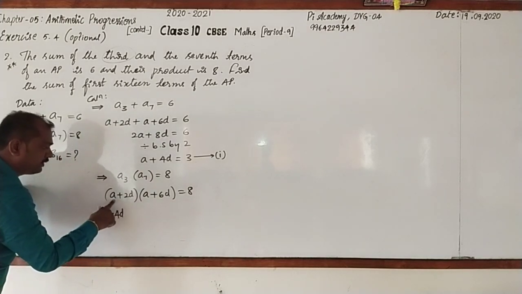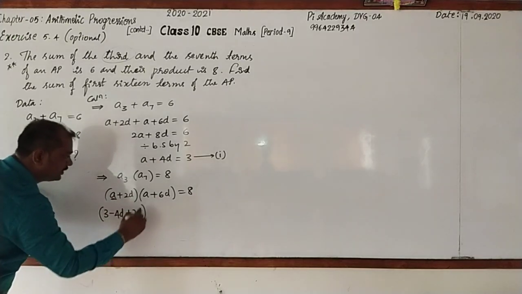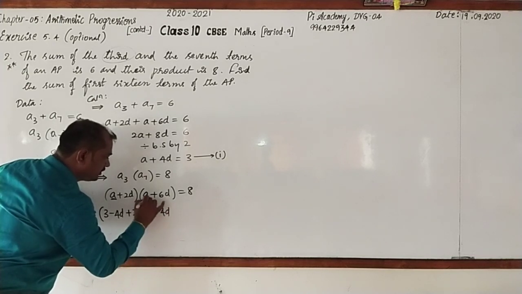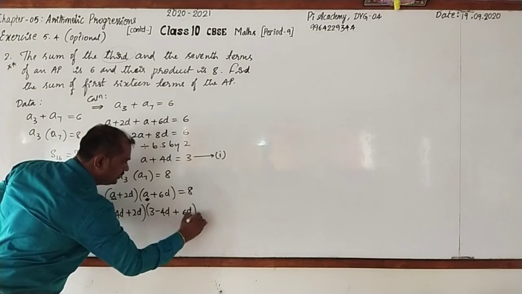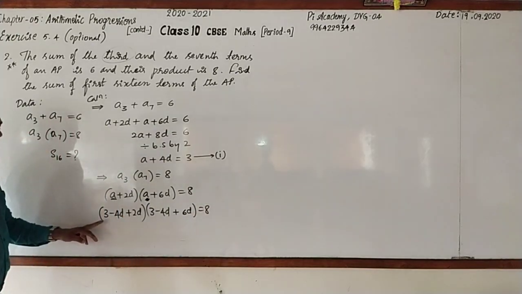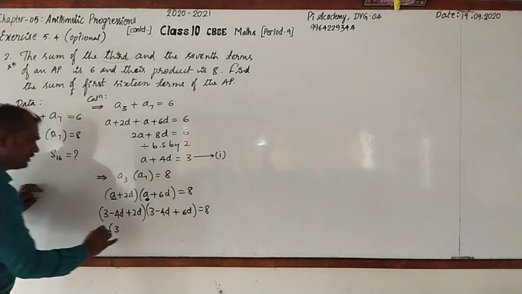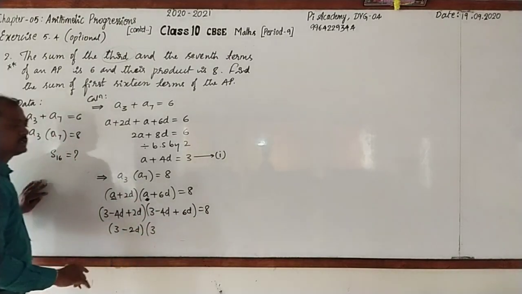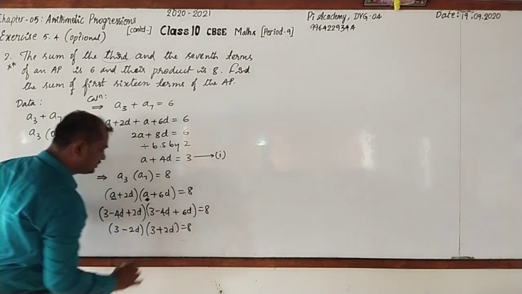In place of A, I have written 3 minus 4D plus 2D. Here also 3 minus 4D plus 6D is equal to 8. Now see that here 3 minus 4D plus 2D, it is minus 2D, into 3 minus 4D plus 6D, it is plus 2D is equal to 8.